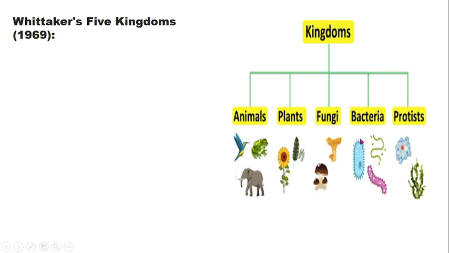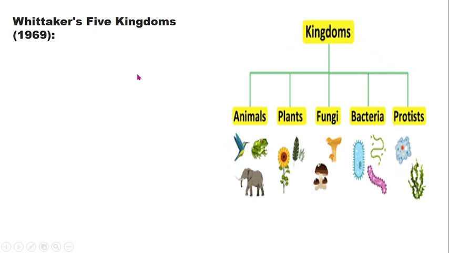Among the following kingdoms, which one has chloroplast? Plantae. Which one has a cell wall made of cellulose? Usually Plantae. Which one has a cell wall made of chitin? Fungi. Which one has a cell wall made of peptidoglycans? Bacteria, and so on. What are the examples? I hope this diagram is understandable and very clear. You should pause and review and understand it very well.